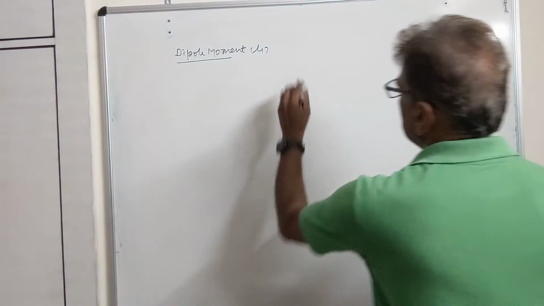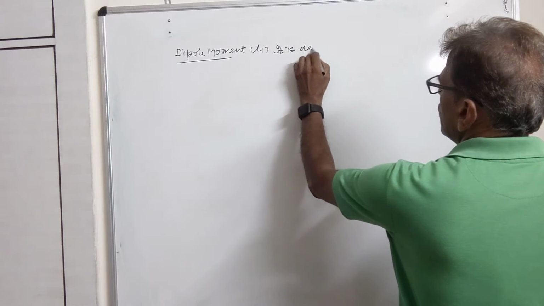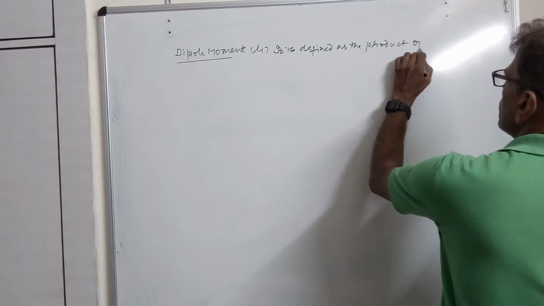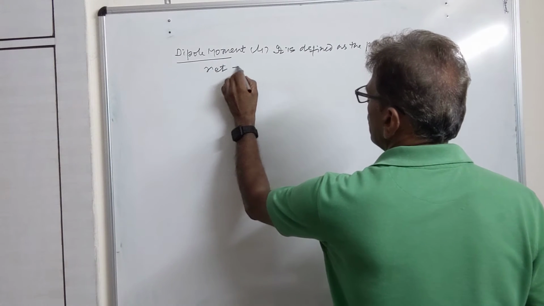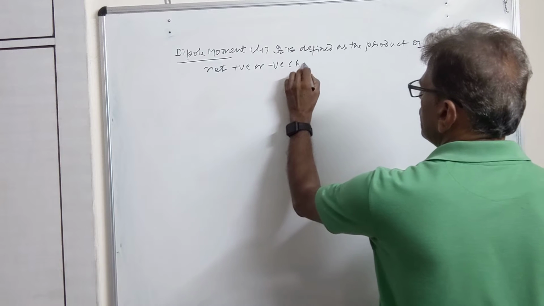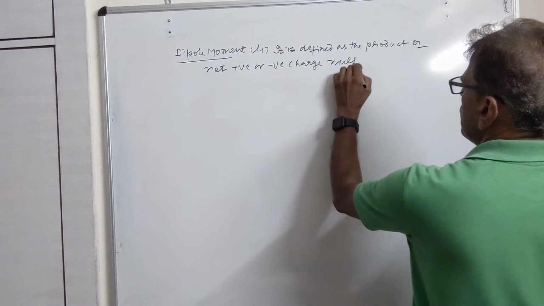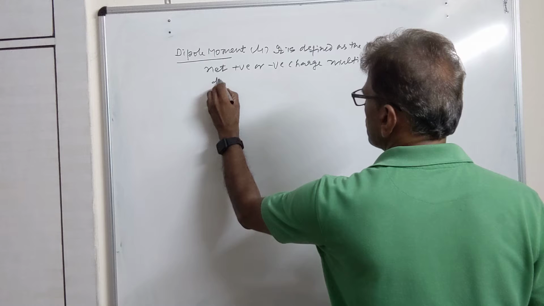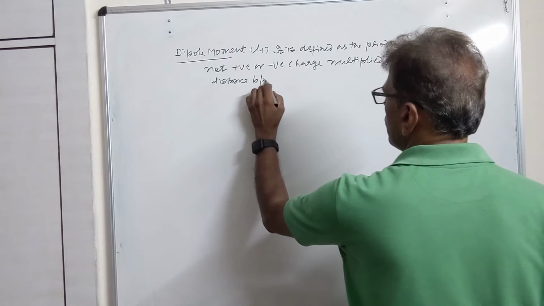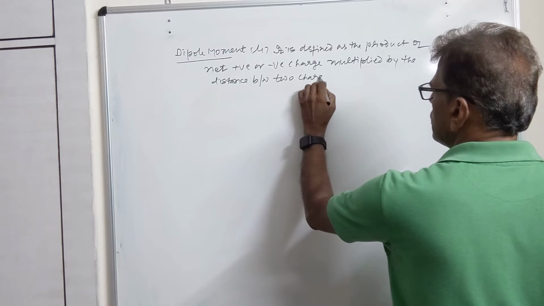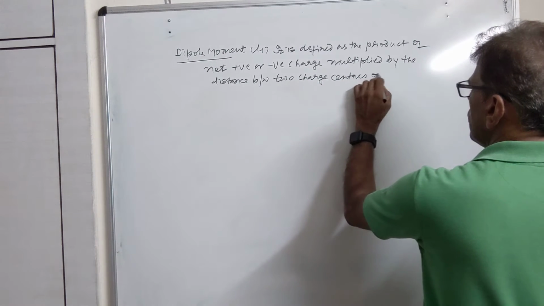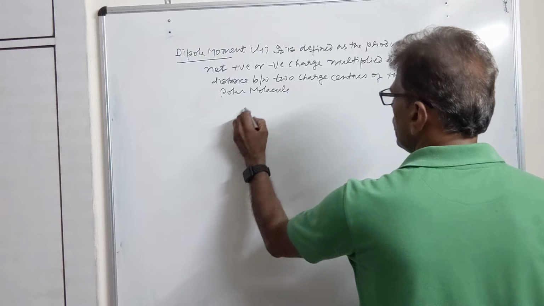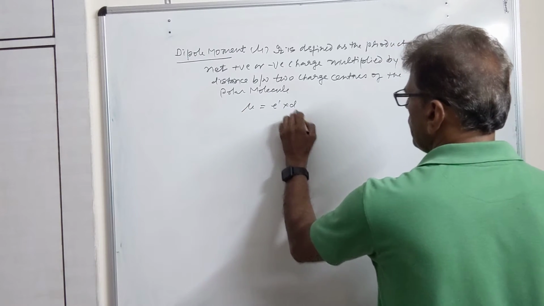It is defined as the product of net positive or negative charge multiplied by the distance between two charge centers of the polar molecule. So mu, dipole moment, is equal to charge multiplied by the distance.